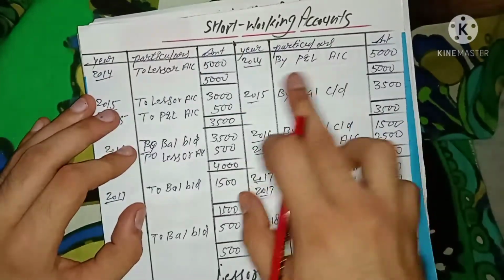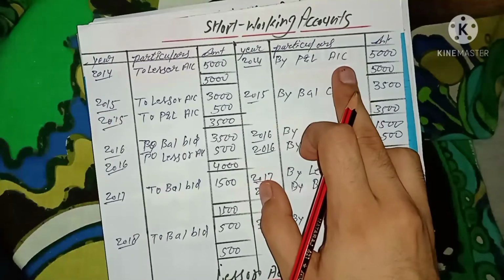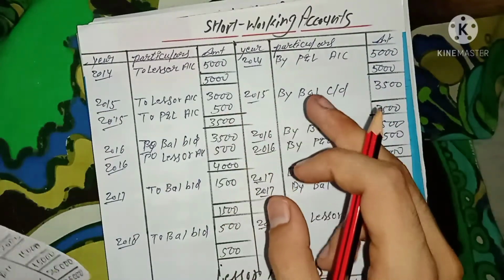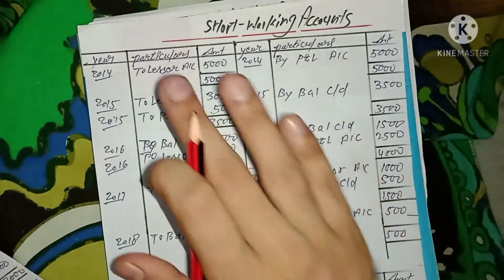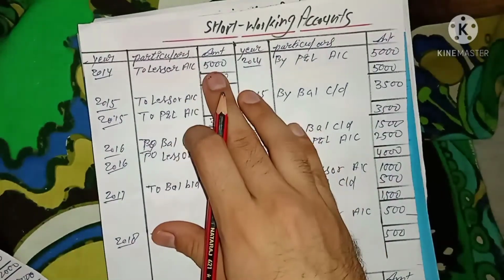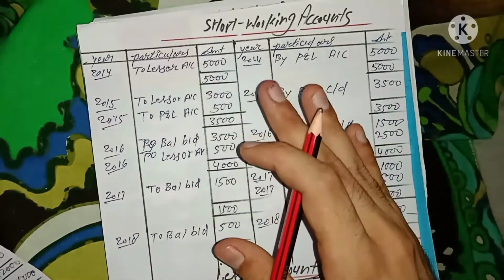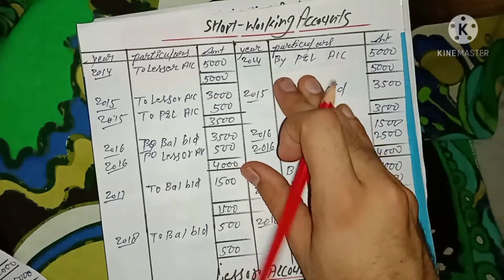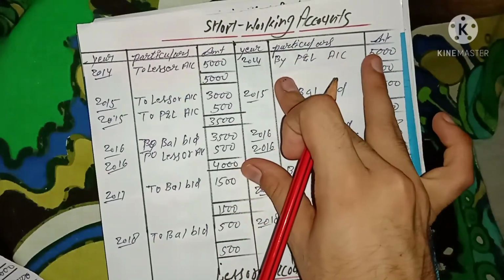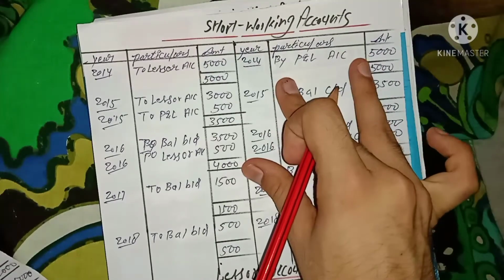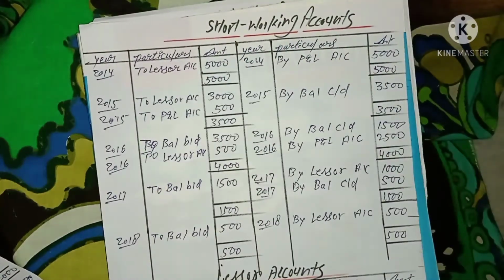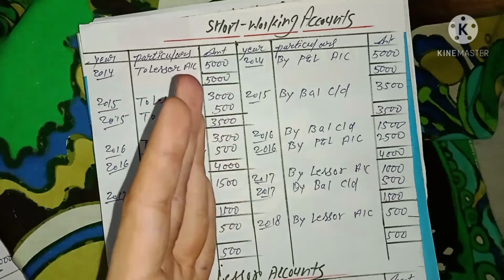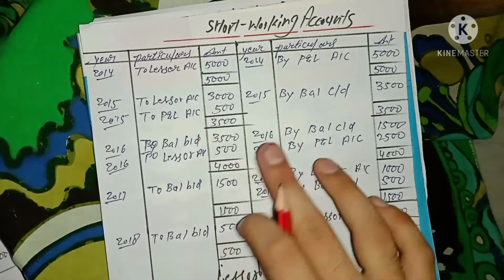And we simply charge that 5,000 rupees to the P&L account, because it was mentioned at the end of the question that the patentee doesn't want to carry forward that short working amount as an asset in the next year. So what he is doing is finishing that amount by considering it an expense and putting it on the left hand side of the P&L account.